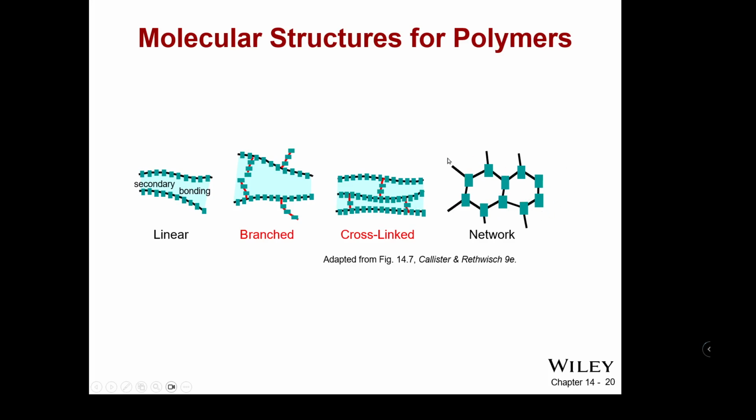Then there's network polymerization. This is more like what silicon polymers, silicones are going to be more like network more often than something like a cross-linked polymer. This is part of the reason why they are equally strong in all these different directions, where cross-linked materials are really strong in this direction, less strong in this direction.